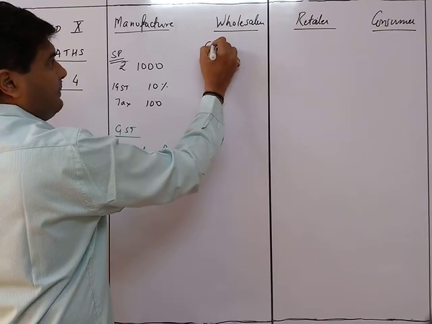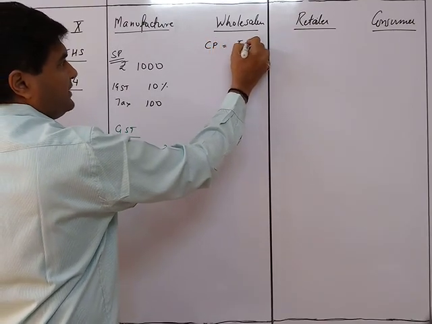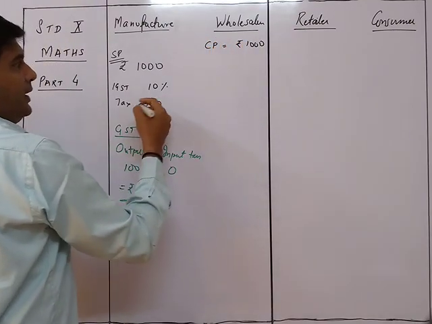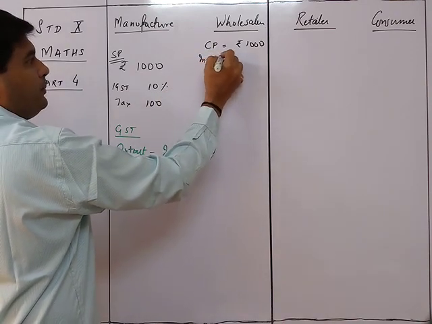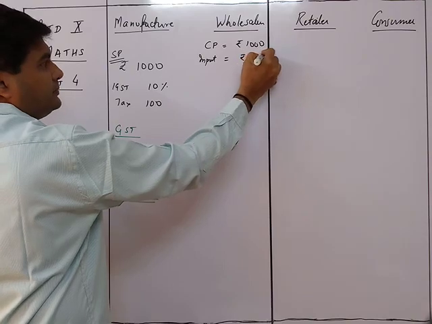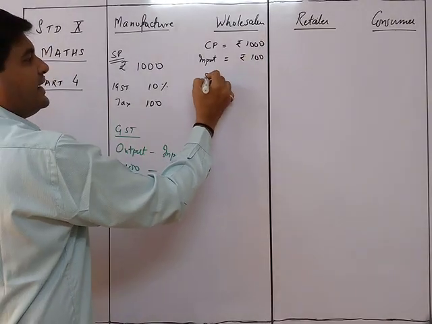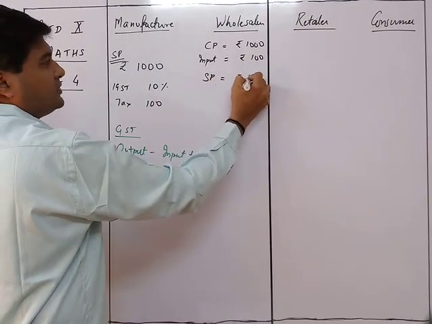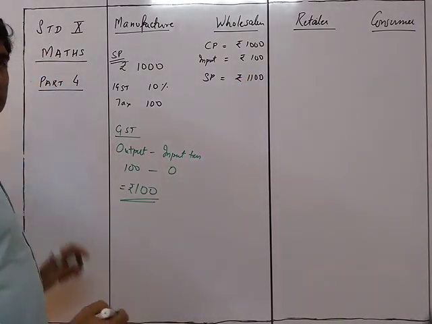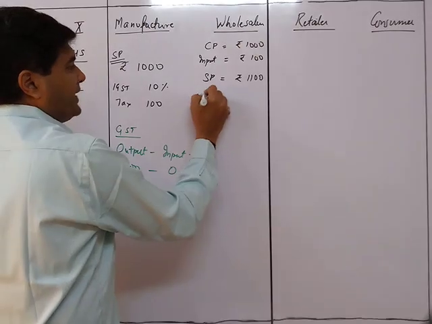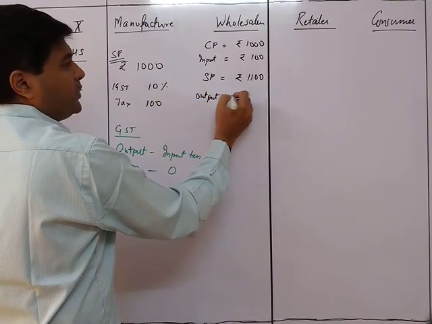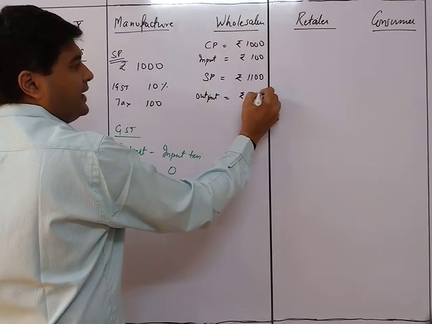So now this is some data for the wholesaler. So we know that CP for the wholesaler is rupees 1000. He has already paid input tax. Input tax is rupees 100. Okay. Let's consider his SP to be rupees 1100. So accordingly, his output tax will be equal to rupees 110.